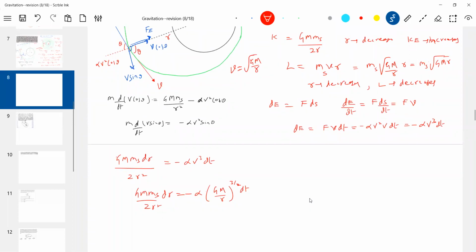The mass of the satellite, ms, gets eliminated. 2 r square here, r to the power of 3 by 2.